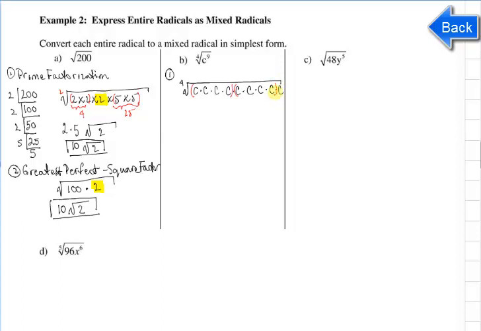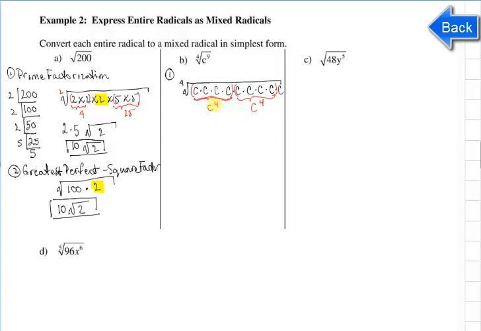And you can see that we have two groups of four factors of c. If you were to multiply those out again, you would have c to the 4 for each one of those, right? Now we want to take the fourth root of c to the 4.